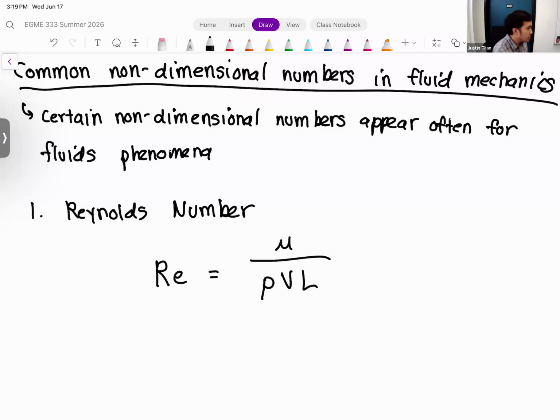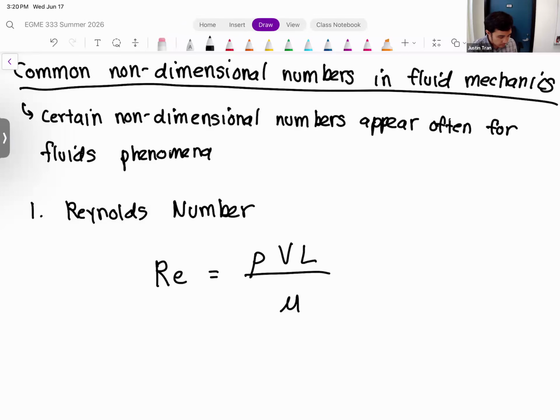We have the viscosity on top, we have the density, velocity, and the length on the bottom. But actually, if you look at how Reynolds number is traditionally defined, it's actually the reciprocal of this. So traditionally, Reynolds number is the density times the velocity times some length scale divided by the viscosity.